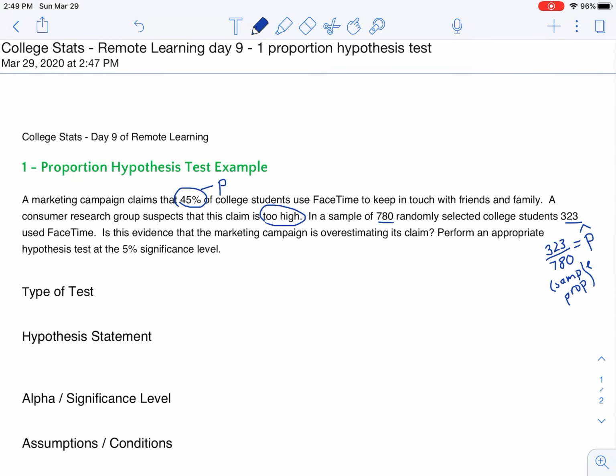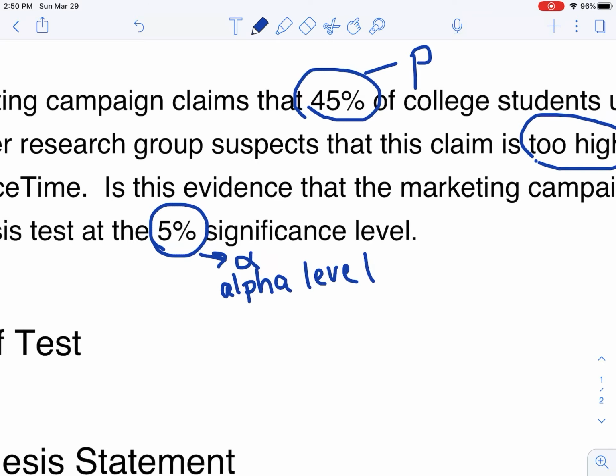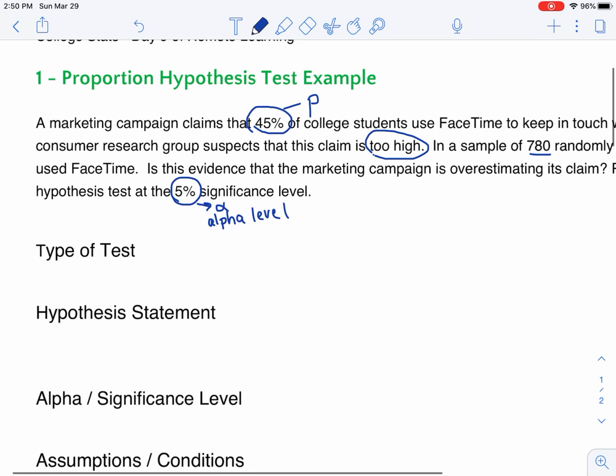Now, the 5% significance level, we'll get into that in a little bit. Could also be called the alpha level. And that's that rejection zone he was talking about in those videos.